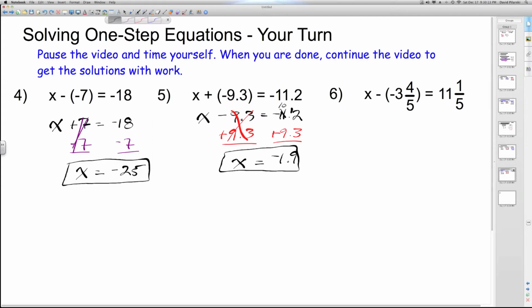And finally, problem number 6. x minus a negative 3 4/5 is equal to 11 and 1/5, recognizing this double negative, and that should be rewritten as adding a positive. So x plus 3 and 4/5 is equal to 11 and 1/5.